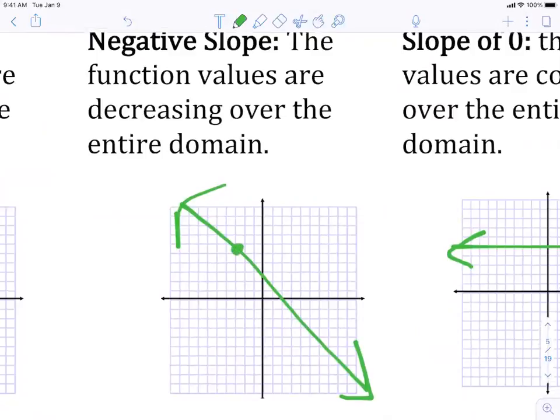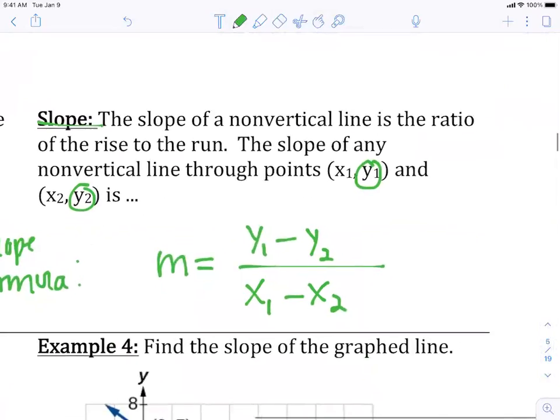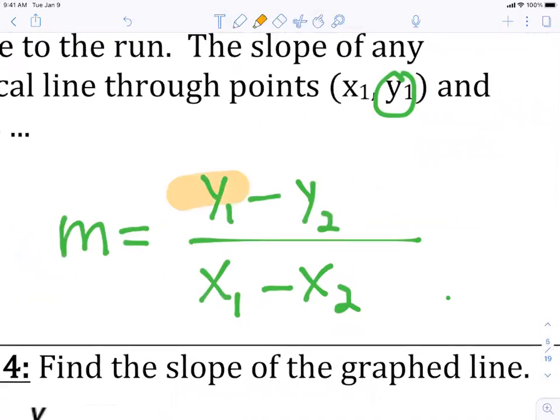Whatever point we pick on this line, in order to calculate the actual steepness, we have to measure the vertical component, and I have to measure the horizontal movement in order to get to my second point. So when I subtract my y's and I subtract my x's, that is calculating those different distances.